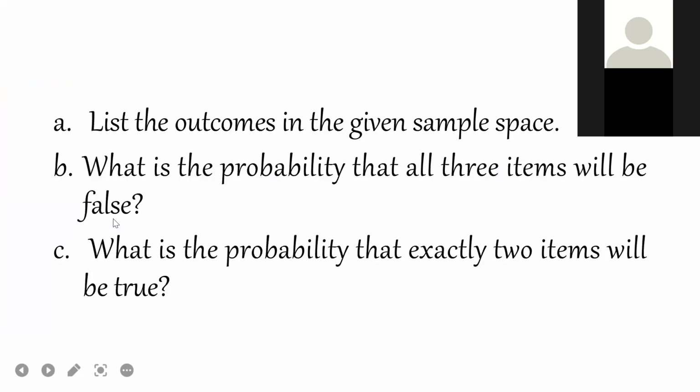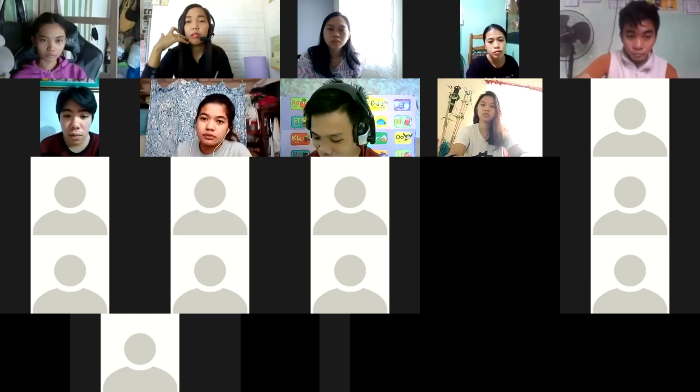So what do you think are the outcomes in the given sample space? If we have three numbers, and those three numbers are about true or false statements or questions. The first question is to list the outcomes in the given sample space.